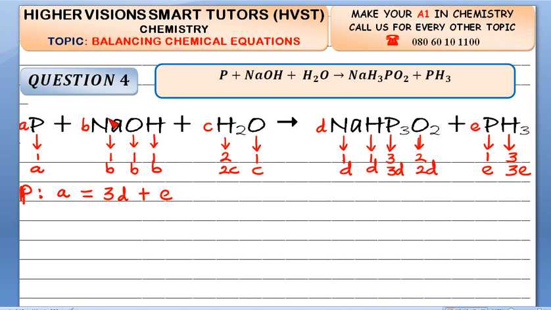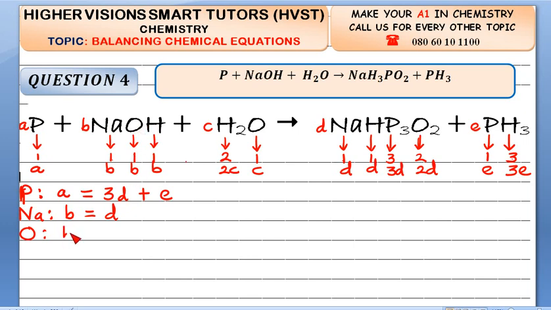Let me move on to sodium. Sodium, that's Na. How many sodium atoms are here? B. No sodium atom on the reactant side again, so is equal to, let's go to the product side. For the product side, we have it here, it's equal to D. Alright, then move on to oxygen. For oxygen, how many oxygen atoms are here?